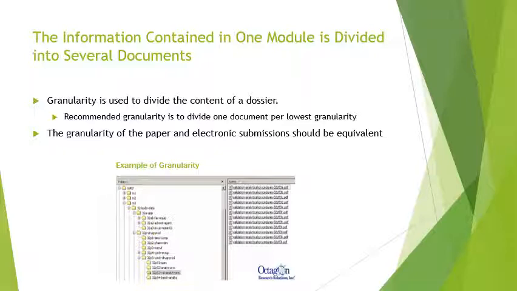The granularity of the paper and electronic submissions should be equivalent, and it's recommended that the granularity is to divide at the lowest granularity.